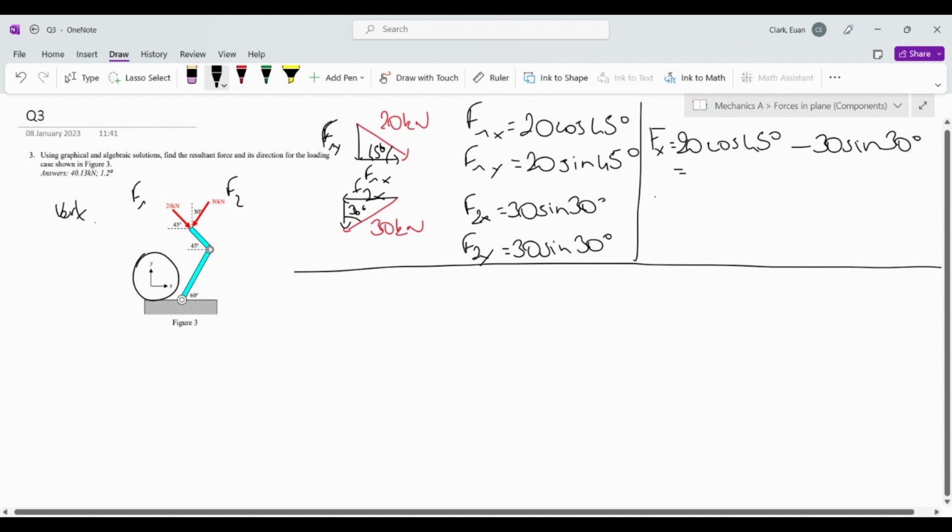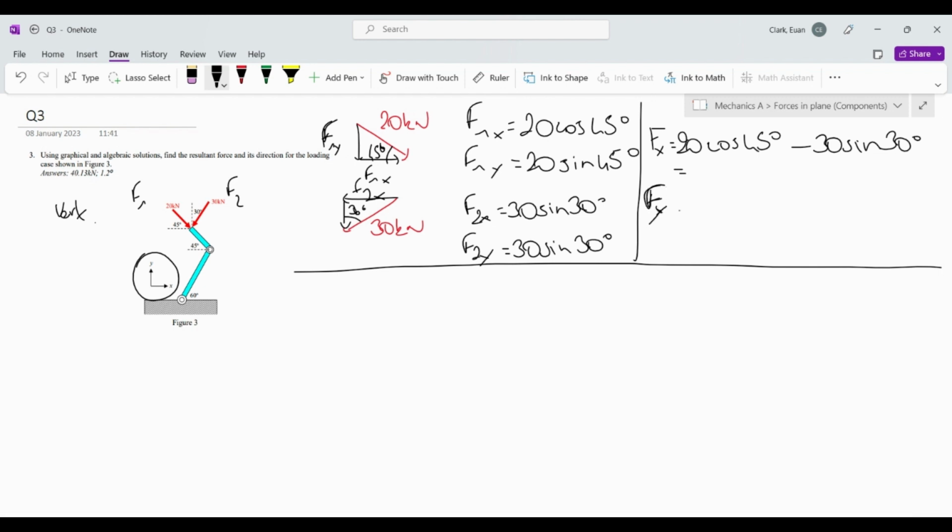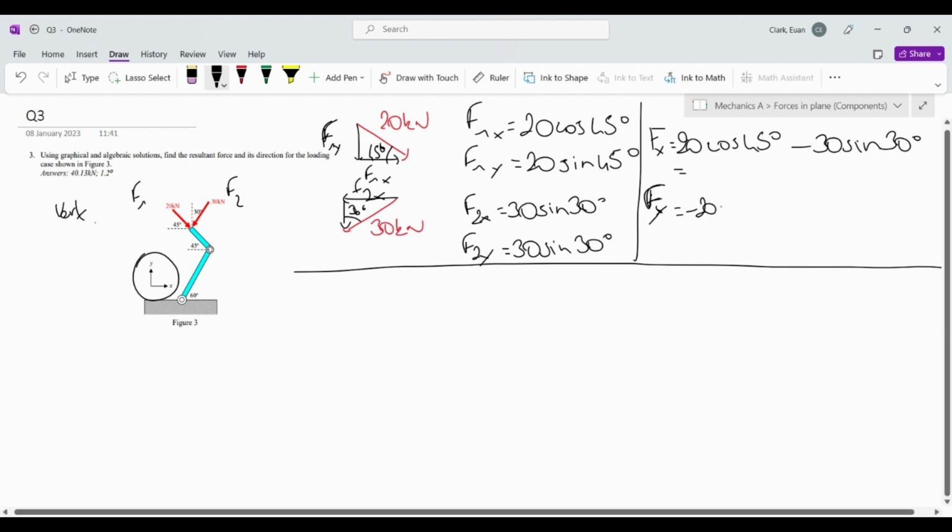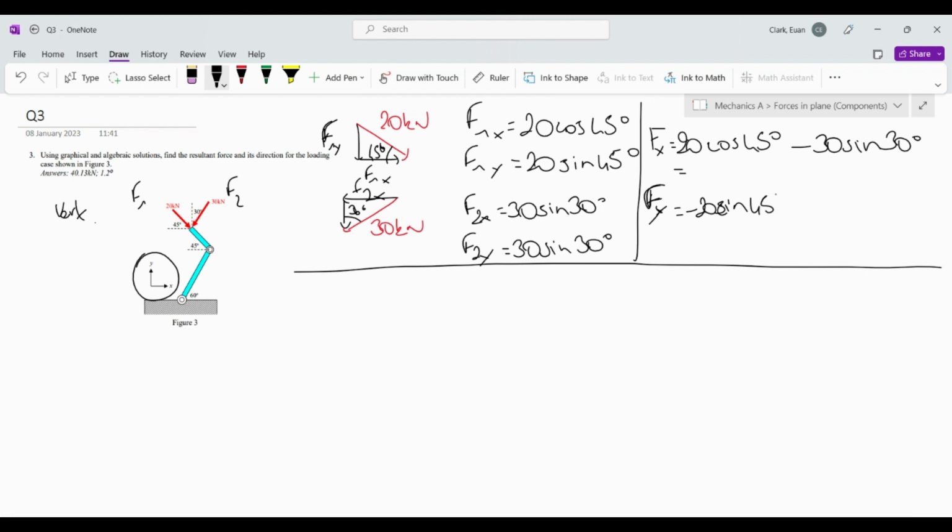And then Fy, both of them are going down, so both of them will be negative. So that will give us minus 20 sine 45 degrees minus 30. Oh, actually, I just realized I made a mistake here. This one will be cosine.